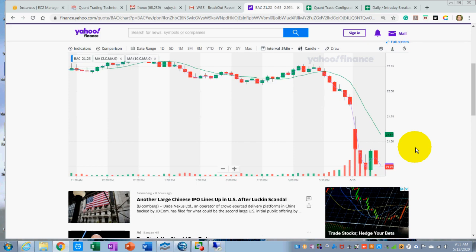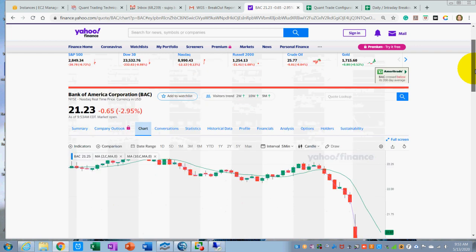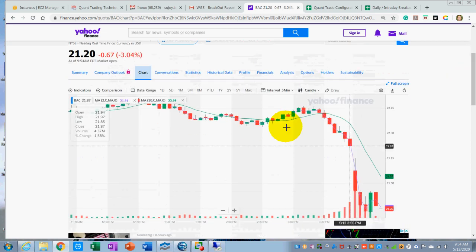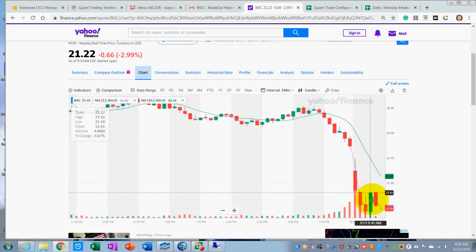So let's keep waiting and see what happens as the day progresses. But this is where we feel that quantitative trading plays a very important role, because human emotions are not there at all. Maybe if it was a human, he would have probably traded, but in quantitative trading, you don't do that. So let's come back again later.